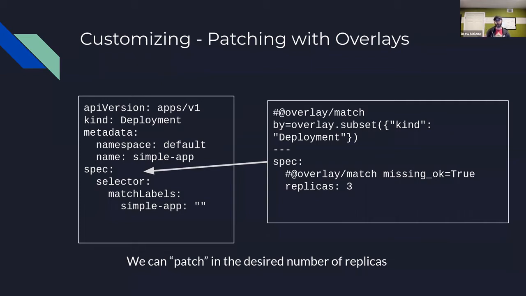So what does this look like? Over on the left-hand side is our upstream artifact, which is just the deployment config that we've got. And you'll notice what is absent from this is the replicas key. We just have a selector with the match labels, but there's no amount of templating that is going to fix this.